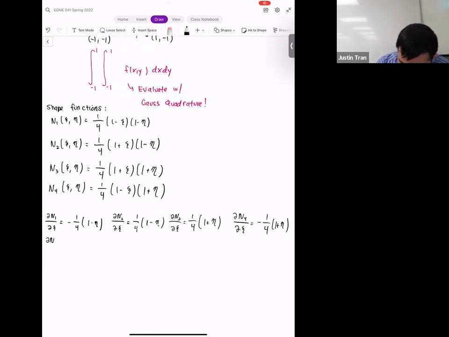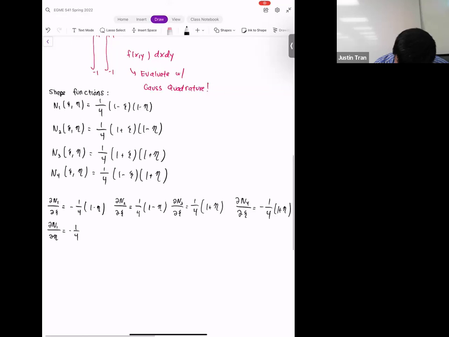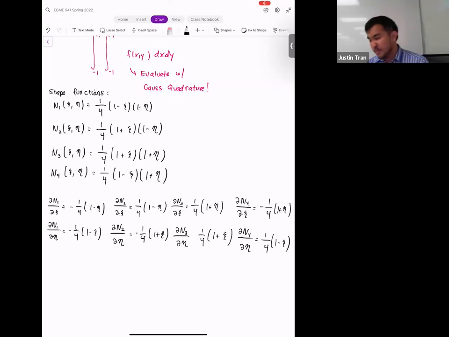Now I'm going to write the derivatives with respect to eta. Okay, so those are our 8 shape function derivatives for the isoparametric rectangle.